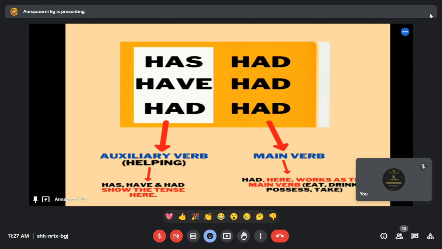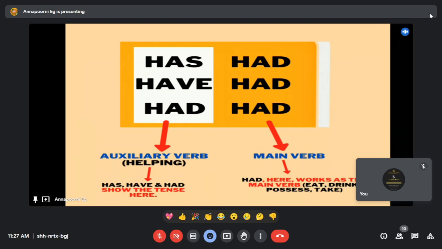He will come like an old man or like a sadhu. Likewise, has, have and had sometimes take the form of a main verb. And when it takes the form of a main verb, the meaning will be to eat, drink, possess, take, etc.